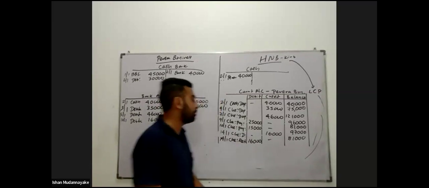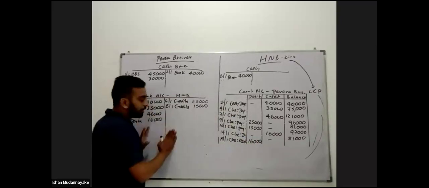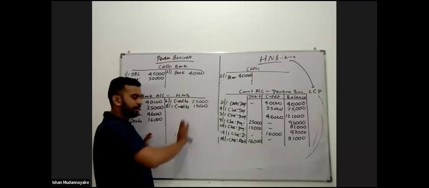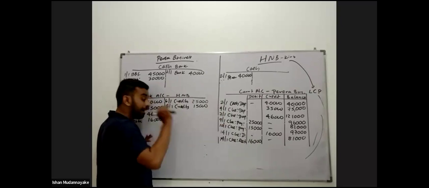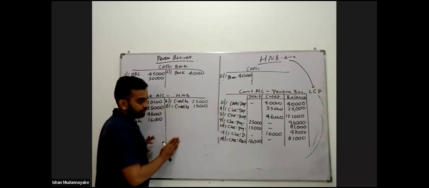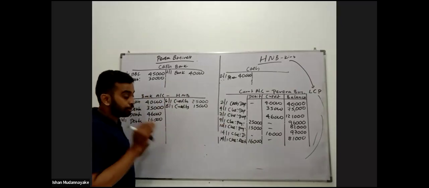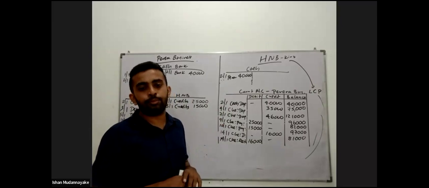Now here we assume until receiving the bank statement, our business is not aware of this returned check. The bank returned the check, but until receiving the bank statement, Pereira doesn't know about that.